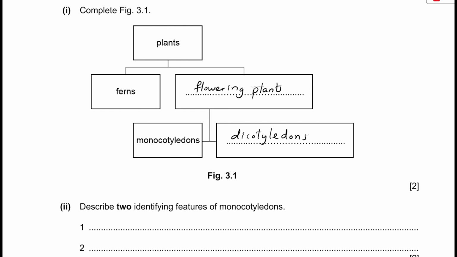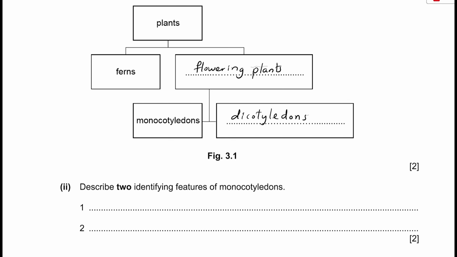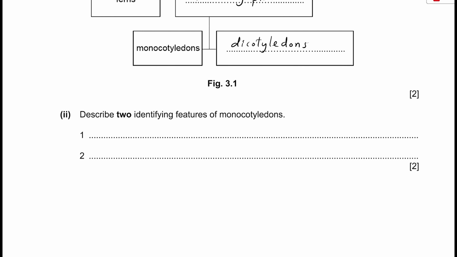Then we move to Roman 2, which says, describe two identifying features for monocotyledons. What are the features used to describe something as a monocot? First of all, their leaves are narrow. So we say that monocotyledons have narrow leaves.